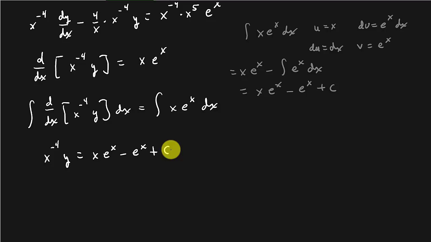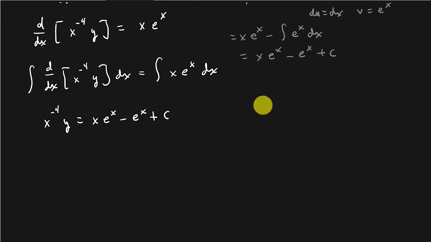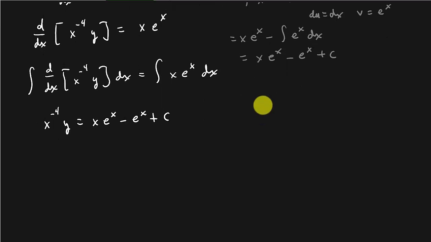All right, and now we're going to divide everything by x to the negative 4. Basically we want a 1 here, right? So instead of dividing by x to the negative 4, we could multiply everything by x to the 4th, because x to the 4th times x to the negative 4 is x to the 0, which is 1.